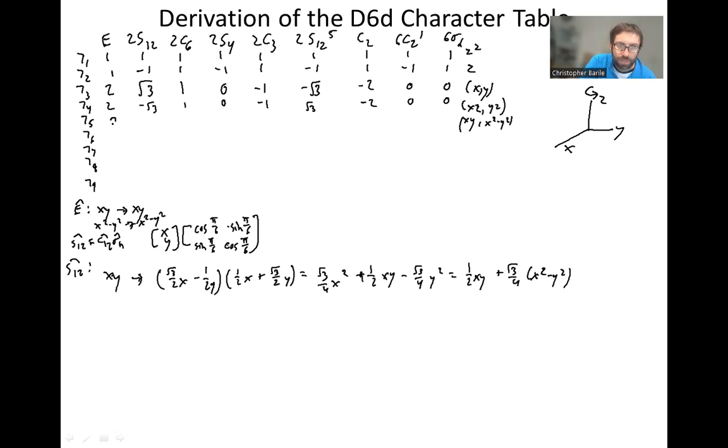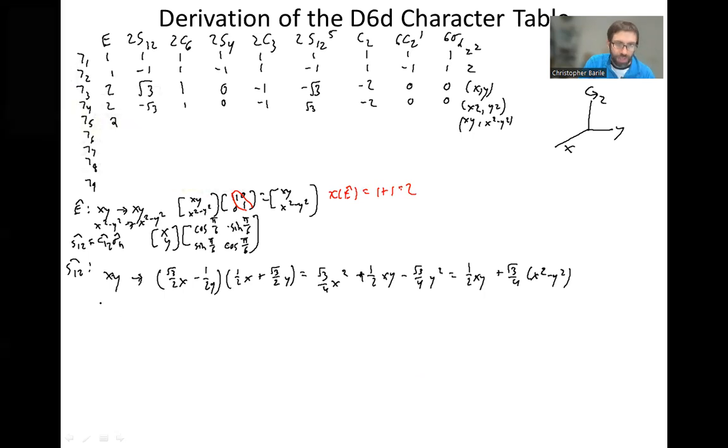We have a dimensionality of 2, in other words, because we have an identity matrix that explains this transformation. Ones across the diagonal. xy cannot be expressed without also invoking x squared minus y squared. So we take the trace across this matrix, and that gets us 1 plus 1, which equals 2, which is why we have a 2 here.